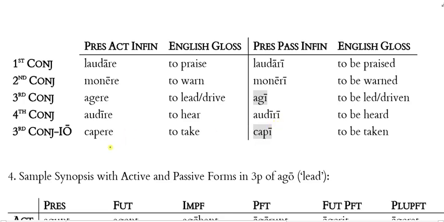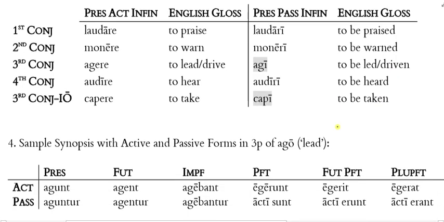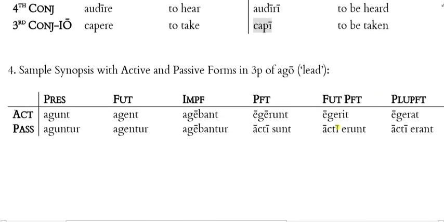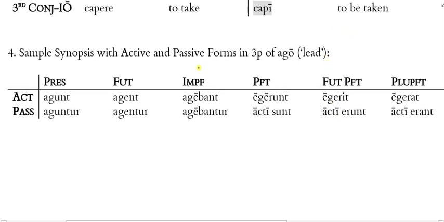And then capere, to take, third conjugation, eo form. Capi, not caperi, but drop the whole ere and replace it with the long I. Capi, to be taken.